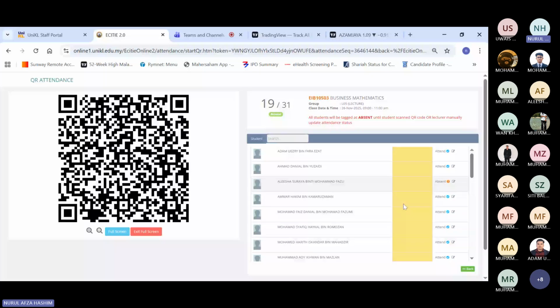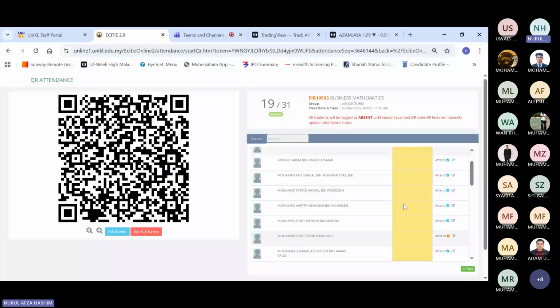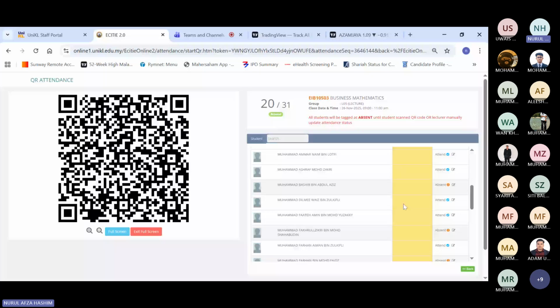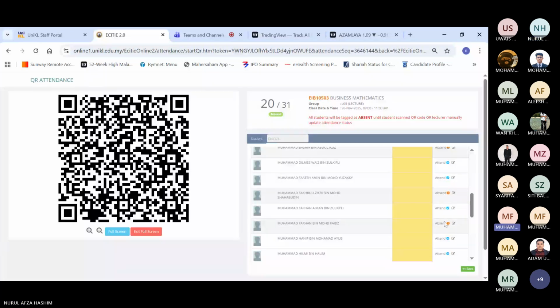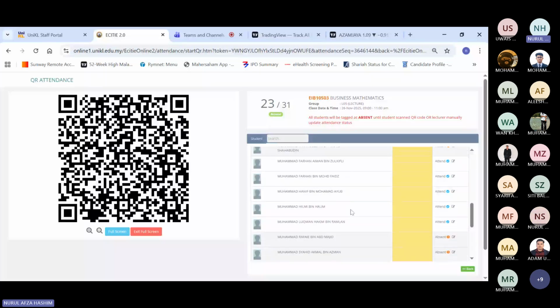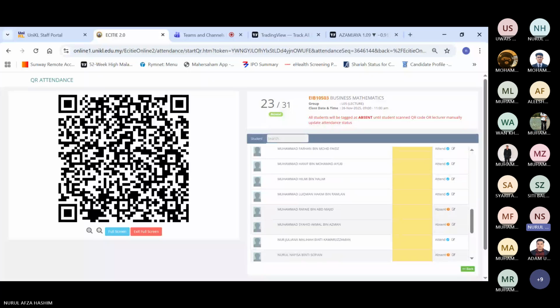Saya tak ingat yang saya tanda. Muhammad Farhan bin Farhan. Oh, ada 2 Farhan ke? Okay. Saya tak ada scan juga. Nama awak apa? Nurul Nafisa.